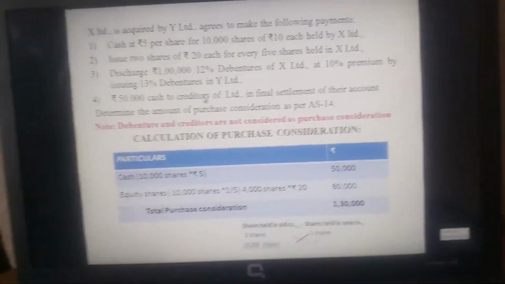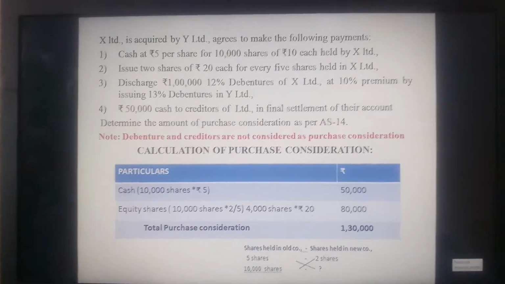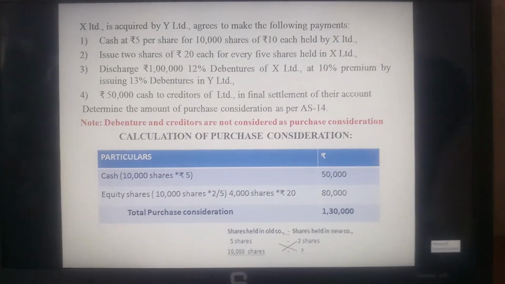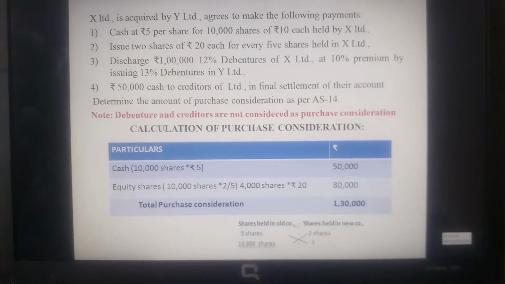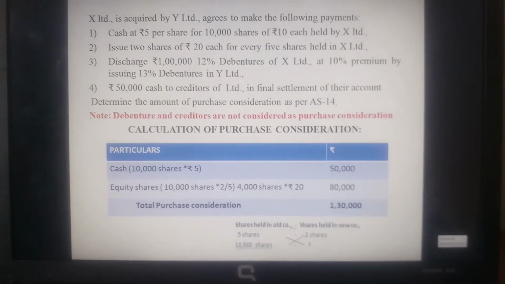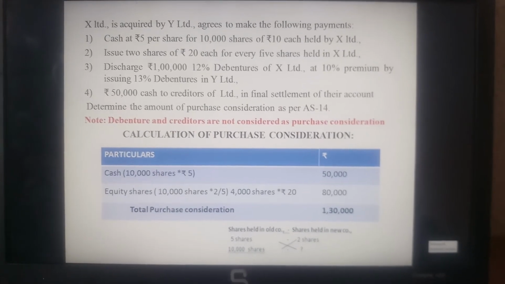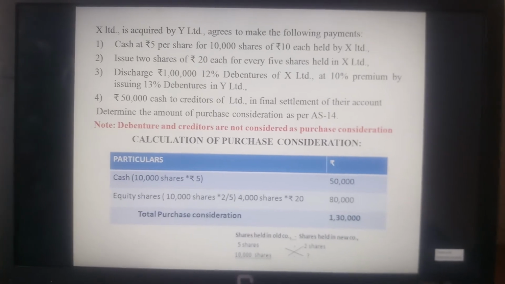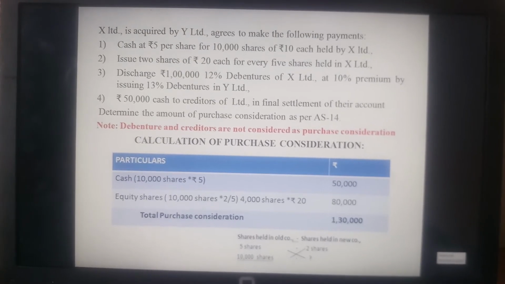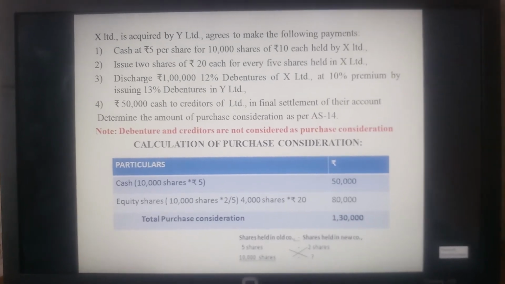In the calculation of purchase consideration, we never bother about the liabilities. We leave off the debentures as well as the creditors, and only the mode of payment we consider for purchase consideration. Purchase consideration means the value that the vendor company gets from the purchasing company.